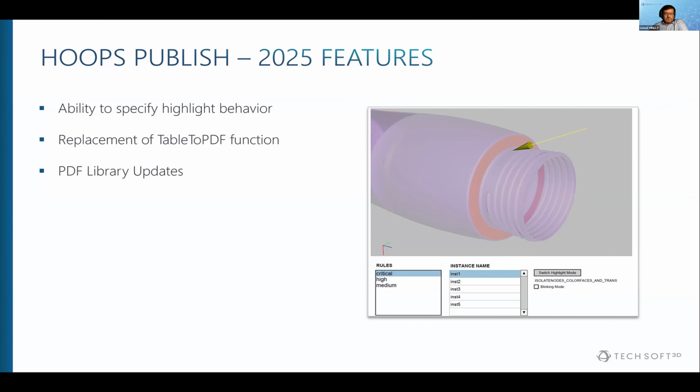For example, if a component is selected from a bill of material inside the PDF document, or if a PMI is selected from a list of PMIs, the highlight is very important. The visual response in the 3D model is very important, and here we will introduce new options, so that it's possible to have different behaviors, blinking objects, choice of color, and more.